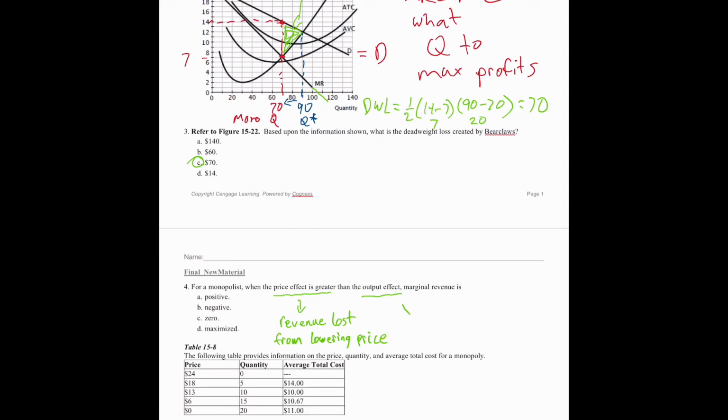And then the output effect is the revenue gained by selling more. So if we're losing more than we're gaining, we know that the marginal revenue must be negative, B.